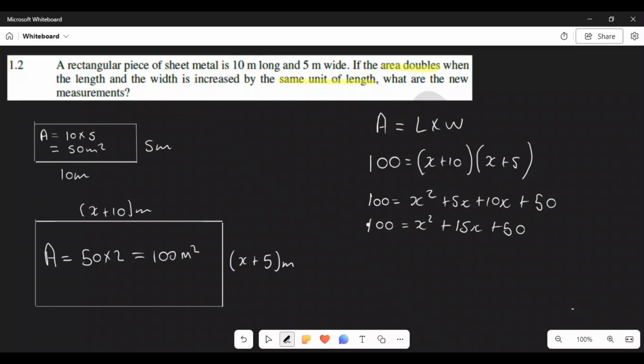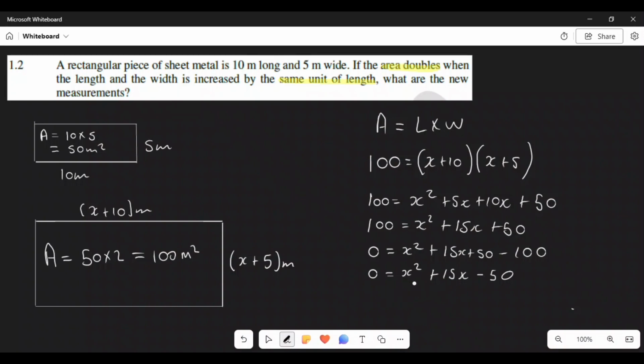Then we take this 100 to the other side, and we are left with 0. This is going to be x squared plus 15x plus 50 minus 100. So this is going to be the final answer. Our final answer is going to be x squared, oh I forgot the x here, x squared plus 15x, and what is 50 minus 100? It's going to be minus 50.